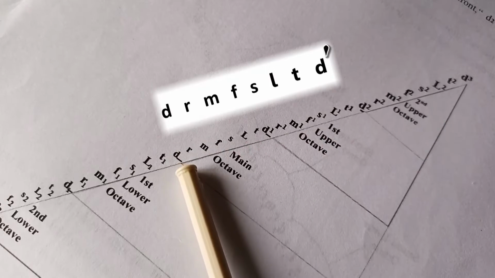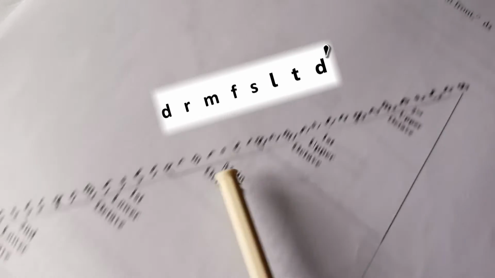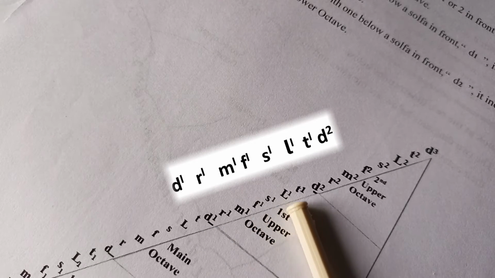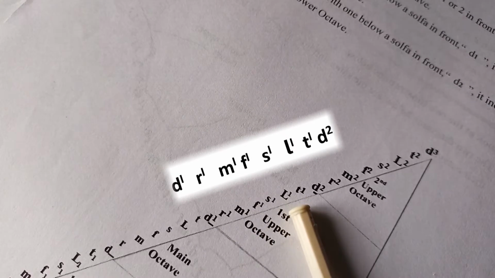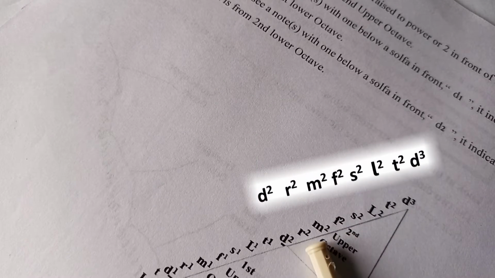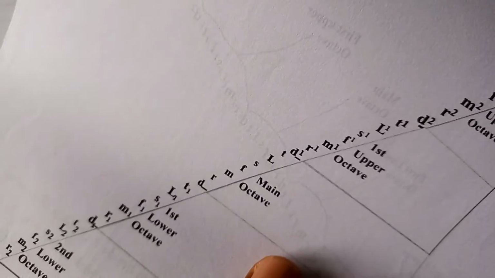So this is the main octave. There is no sign in front of the notes. This is the first upper octave. There is 1 showing a sign of first. This is second upper, showing the sign they are from second upper octave.